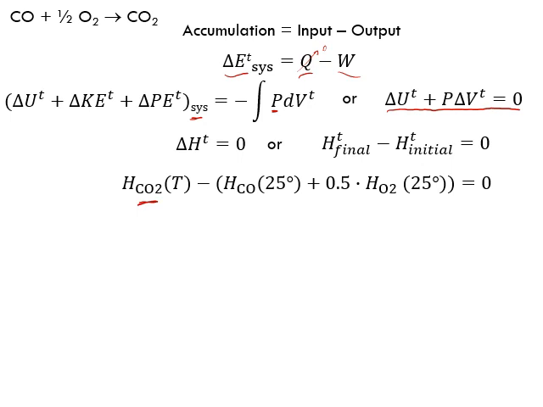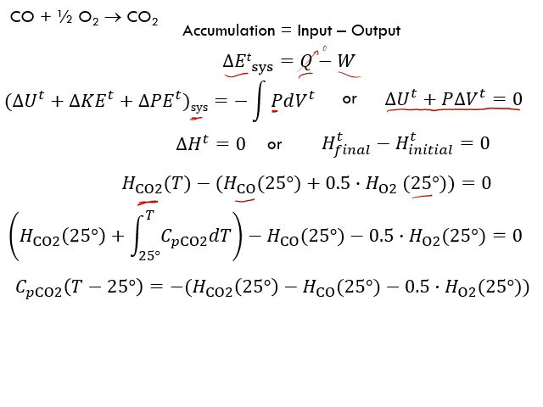Okay, and initially what did we have? We had 1 mole of CO at 25 and half mole of oxygen also at 25. So how do we express this term? Well, simple.